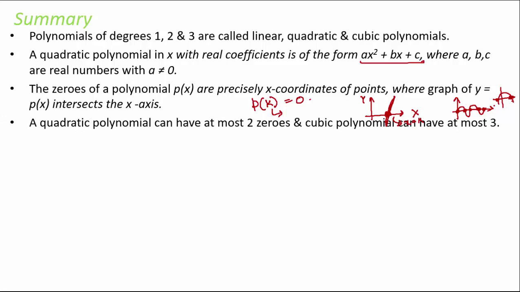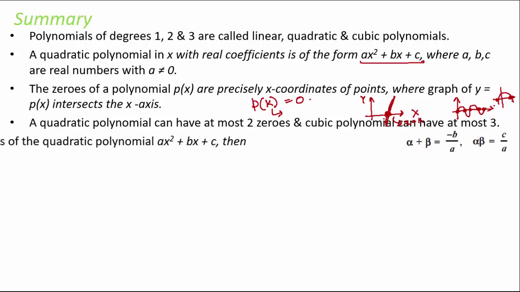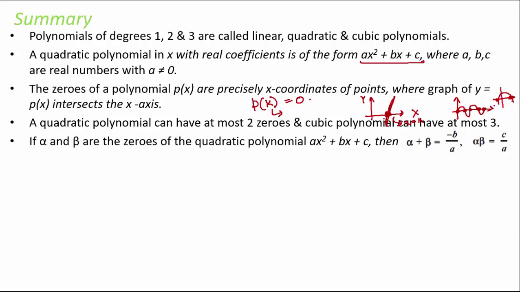A quadratic polynomial can have at the most 2 zeros, and a cubic polynomial can have at the most 3 zeros. If alpha and beta are the zeros of a quadratic polynomial, then alpha plus beta is equal to minus b by a and alpha into beta is equal to c by a. Here a, b, c are the coefficients of the polynomial. So please understand the difference between coefficients and zeros.